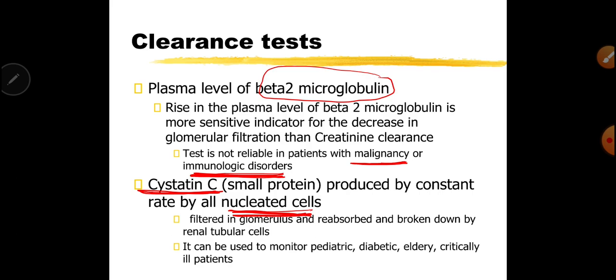This test can now be considered effective to evaluate kidney function in pediatric cases, diabetic cases, elderly patients, and critically ill patients. So this test now has good results for the evaluation of kidney function without the need to collect blood and urine for creatinine calculations.